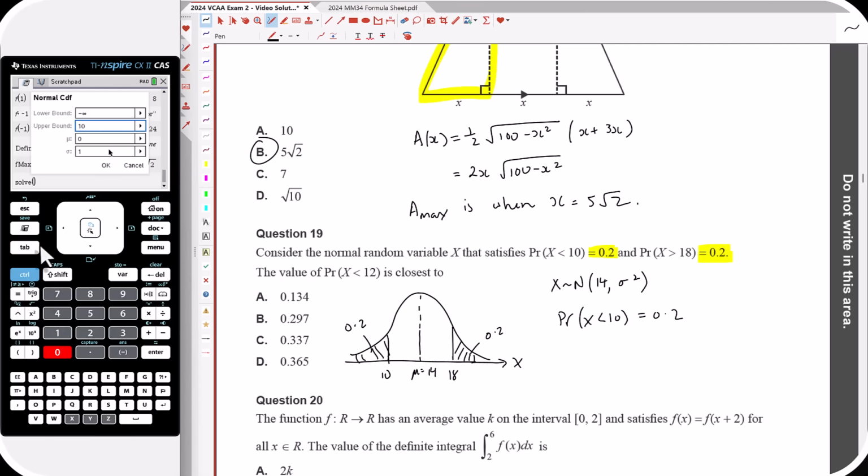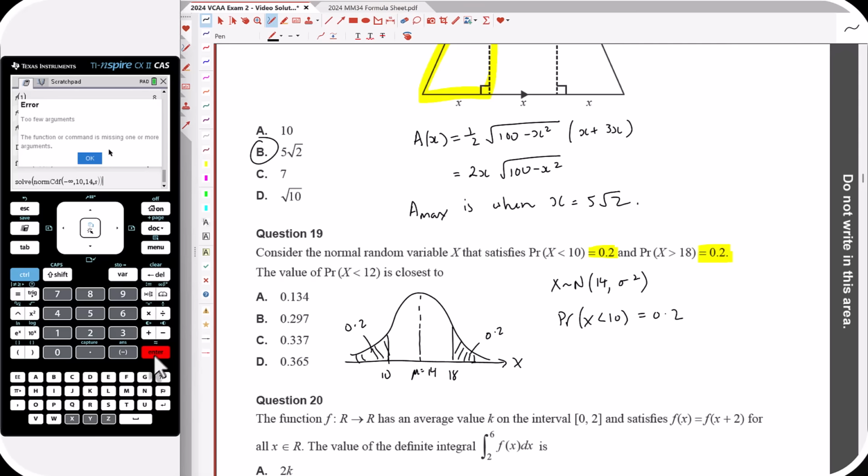Mean is 14, standard deviation is what we don't know. Okay, so that's what we're solving. We want that norm CDF to equal 0.2. I'm going to solve that for S.